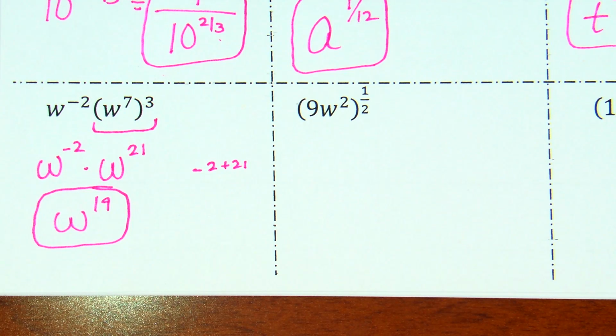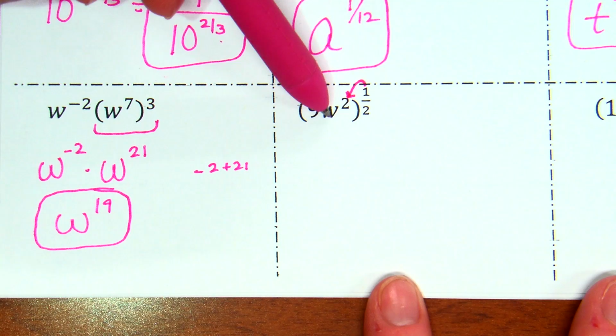Okay. What about this one here? 9W squared raised to the 1/2. What does that 1/2 have to go with? It goes with the 2. What else is it going to have to go with? So the 2 is part of the W squared, right? What about this 9 here? Oh, so it has to go with the 9 as well.